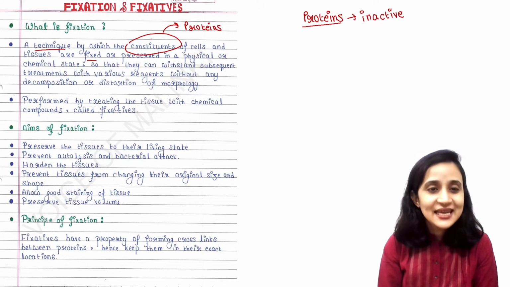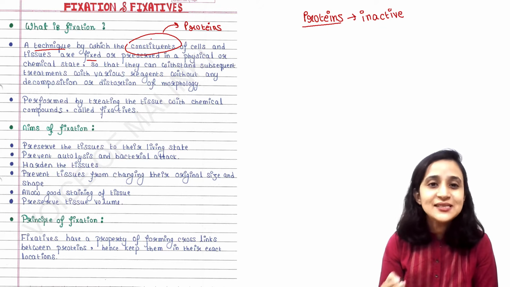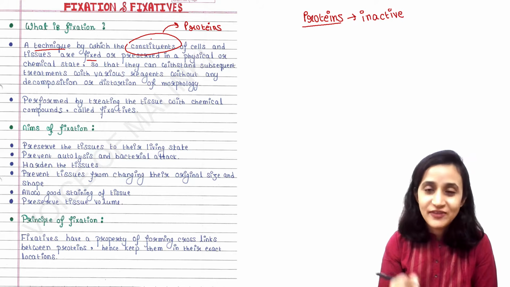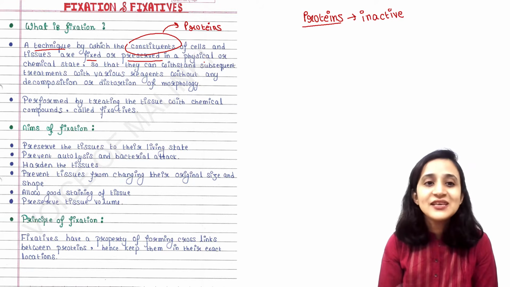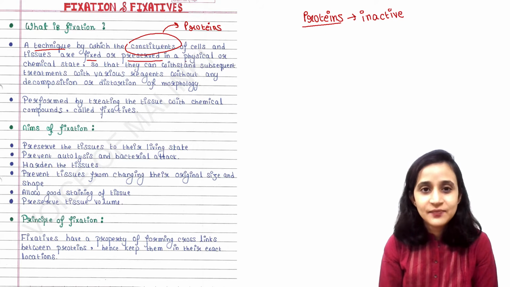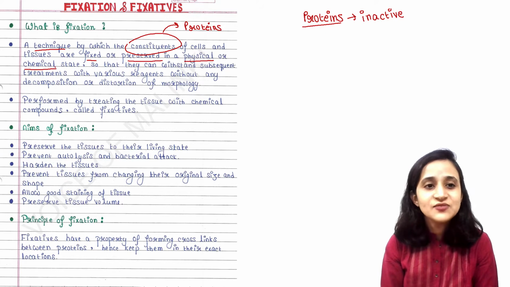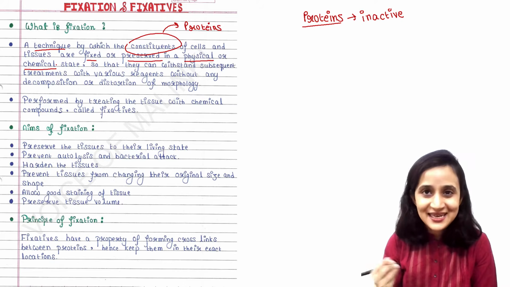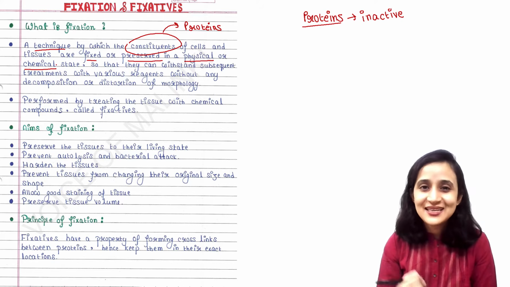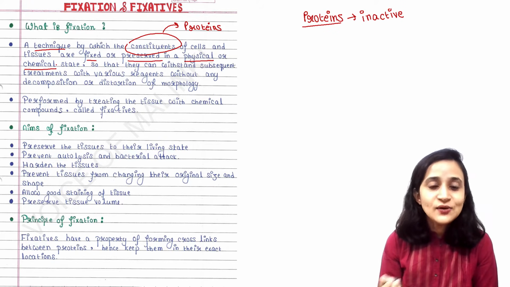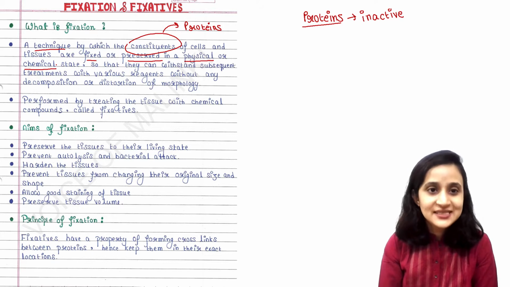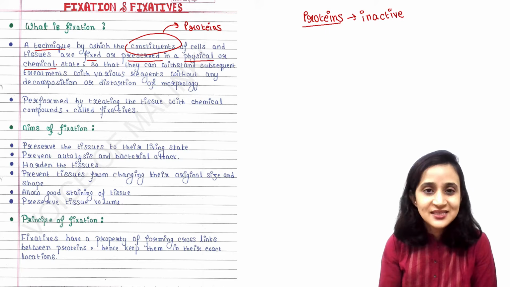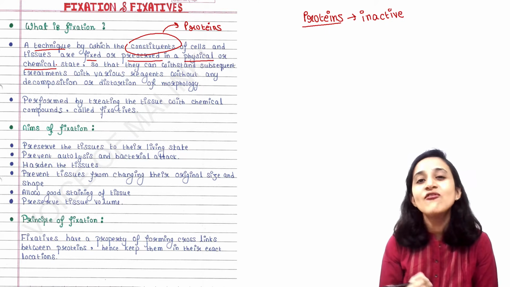So it is a technique by which the constituents of cells and tissues are fixed or preserved in a physical or chemical state. That means both the physical and chemical states are fixed inside the cell so that they can withstand subsequent treatments with various reagents without any decomposition or distortion of morphology.